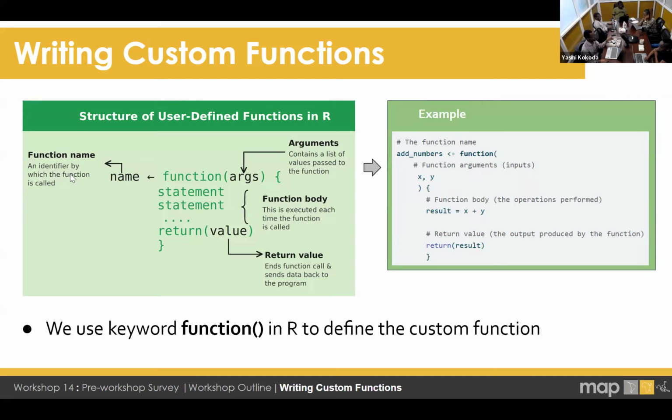And it is recommended to give a name which is descriptive. Like, let's say the function is adding numbers. You can see on your right, we have an example here: add numbers. So it has to be descriptive, depending on the task it does. So when someone else wants to use it, they can easily understand.